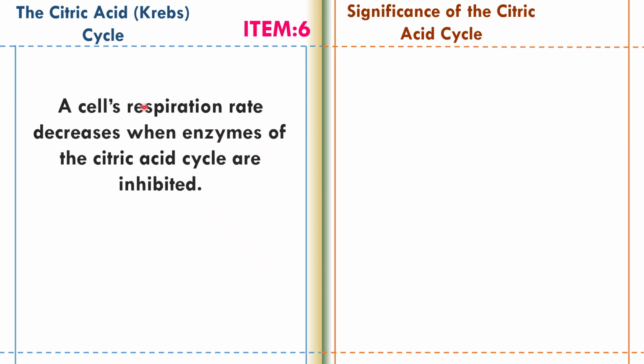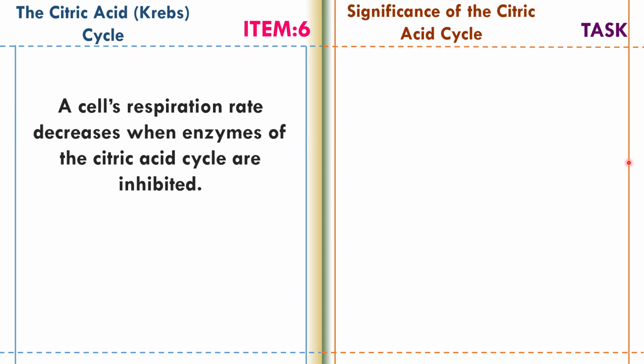Citric acid Krebs cycle, item 6. We want to look at the significance of the citric acid cycle. A cell's respiration rate decreases when enzymes of the citric acid cycle are inhibited.